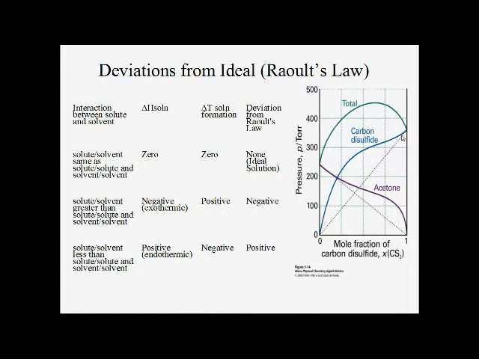So within this small range, Raoult's law is a reasonable approximation. For a small amount of carbon disulfide in acetone, though, the range that actually is a reasonable approximation is rather small. So it changes more drastically.